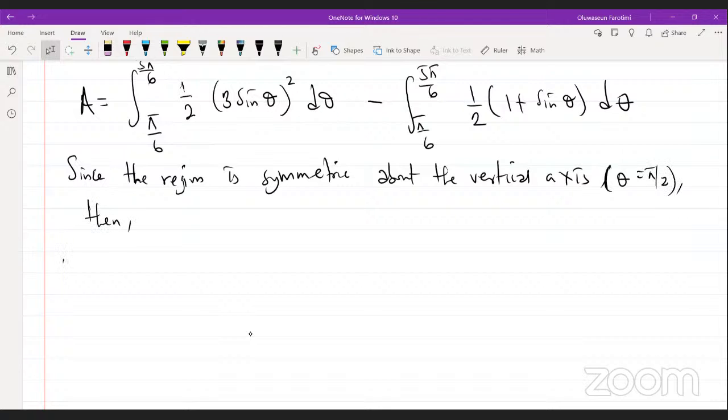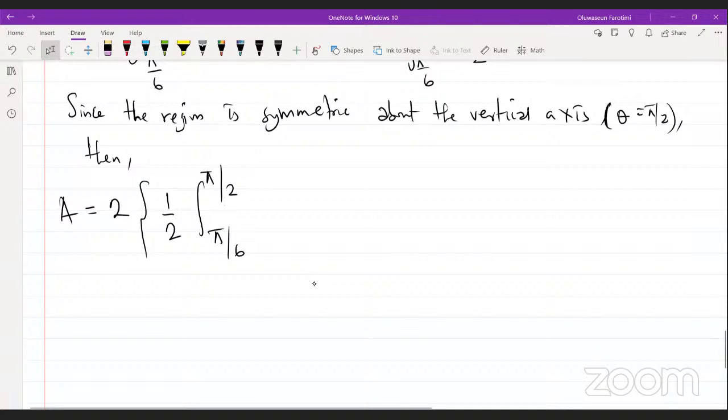Then what happens? My area becomes 2. Of course, I can pull out this 1/2. This is going to be pi over 6. That upper bound is going to be replaced by pi over 2 because that's the highest it can be, right?